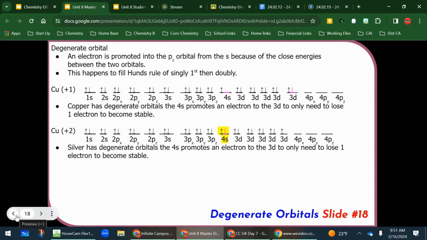No. Which would make it 3d9 like it is down here, right? But if copper takes that one electron that's in the 4s and says, you know what, go there just to fill that, because there's still 2 here either way. Well, now, how many valence electrons does copper have?